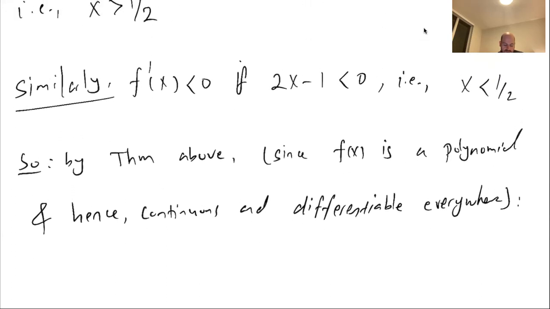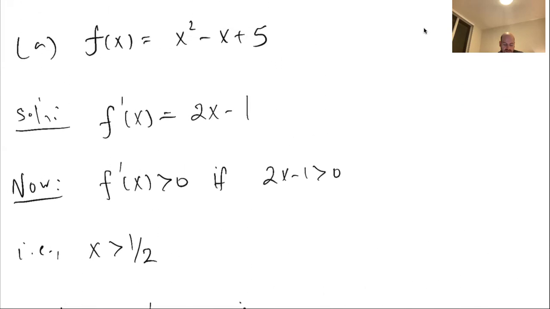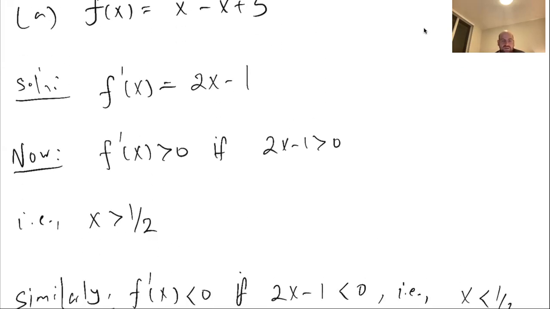We can conclude that f of x is increasing on which interval? f prime is positive if x is bigger than 1/2. So f of x is increasing if x is bigger than or equal to 1/2.